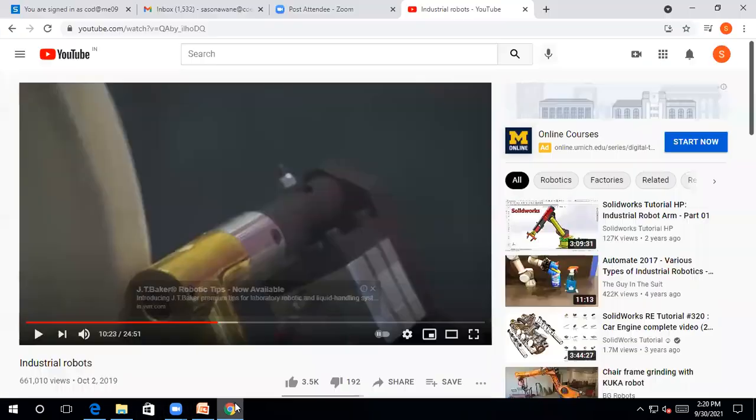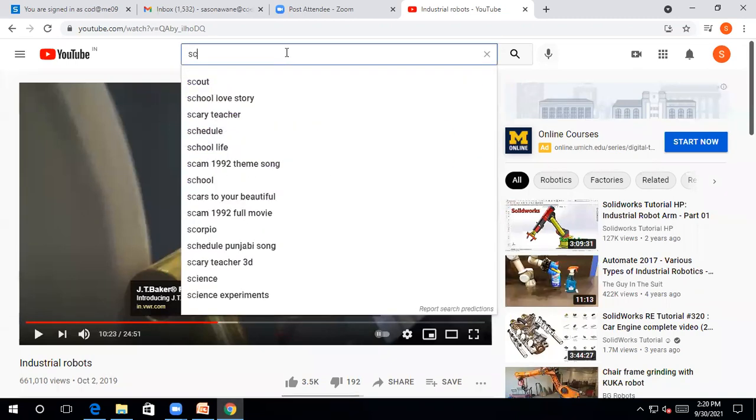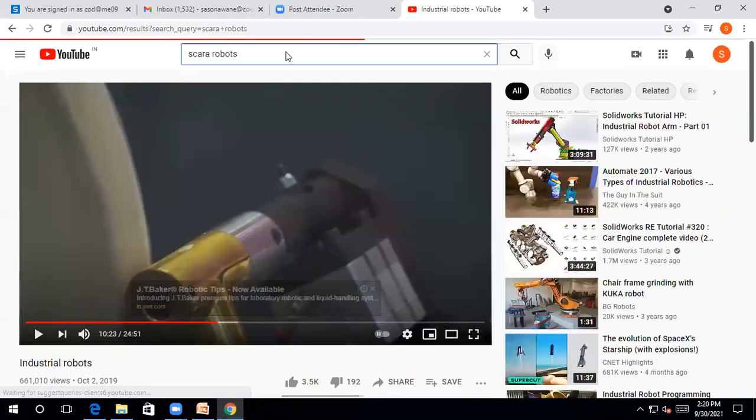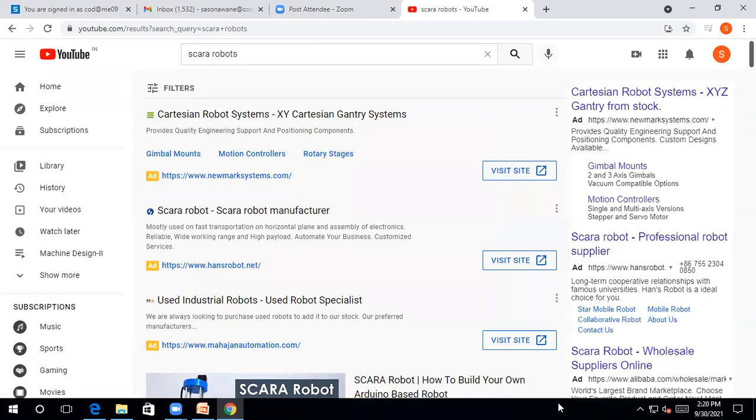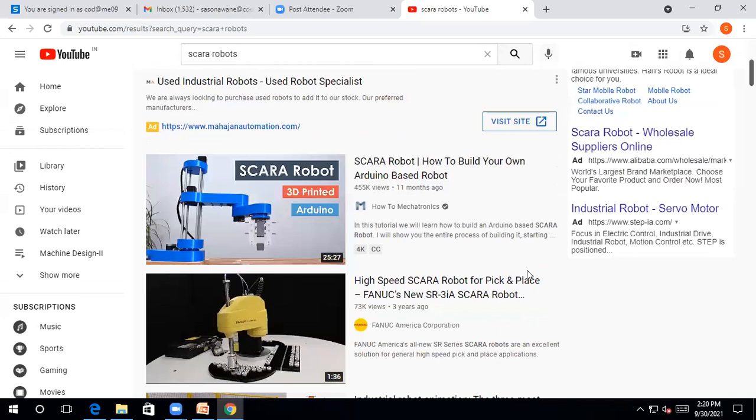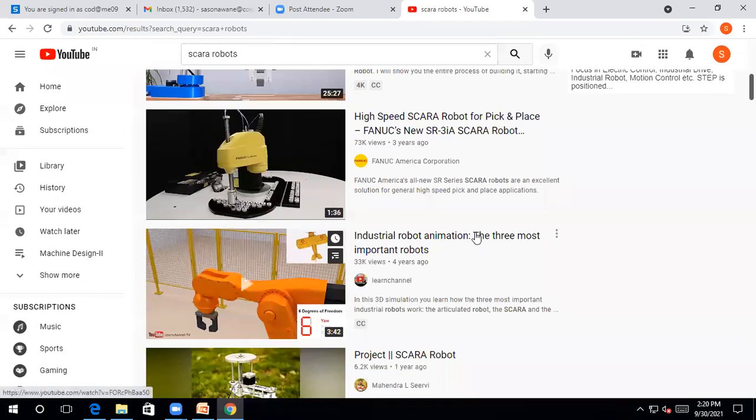I will see it separately. SCARA robots. See this SCARA robot.